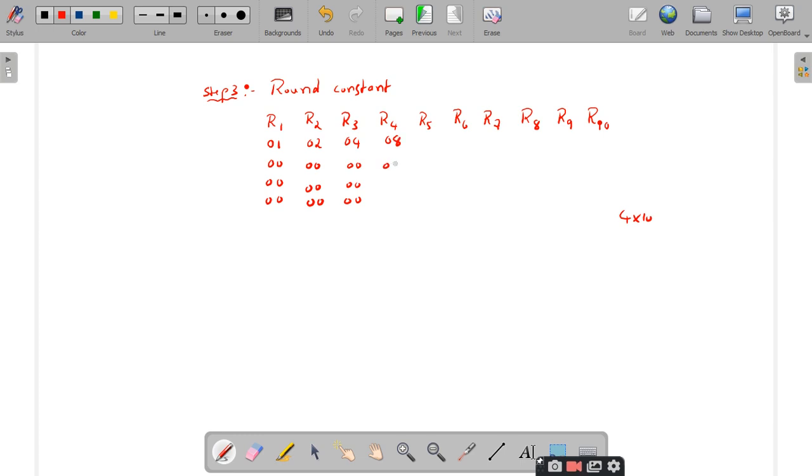Round 4 is 8 followed by 4 zeros. And then it is 10, 20, 40, 80, 1B, and finally I have 36. Remaining things are zeros.